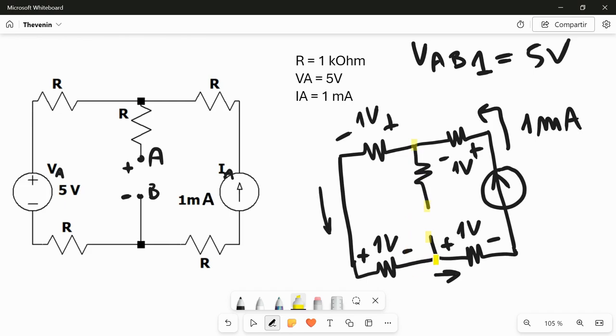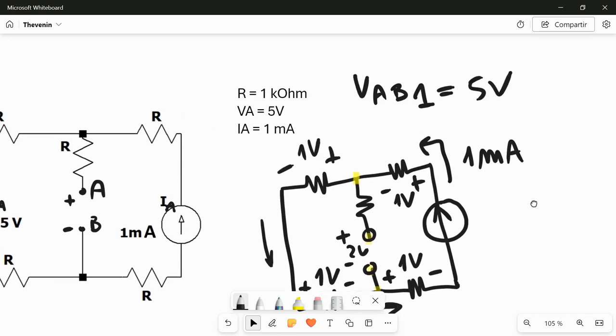Basically, between this point and this point, I have 2 volt, 1 volt and 1 volt with this polarity, minus plus, so an increase of voltage here, an increase of voltage here. So between these two points I have 2 volt.